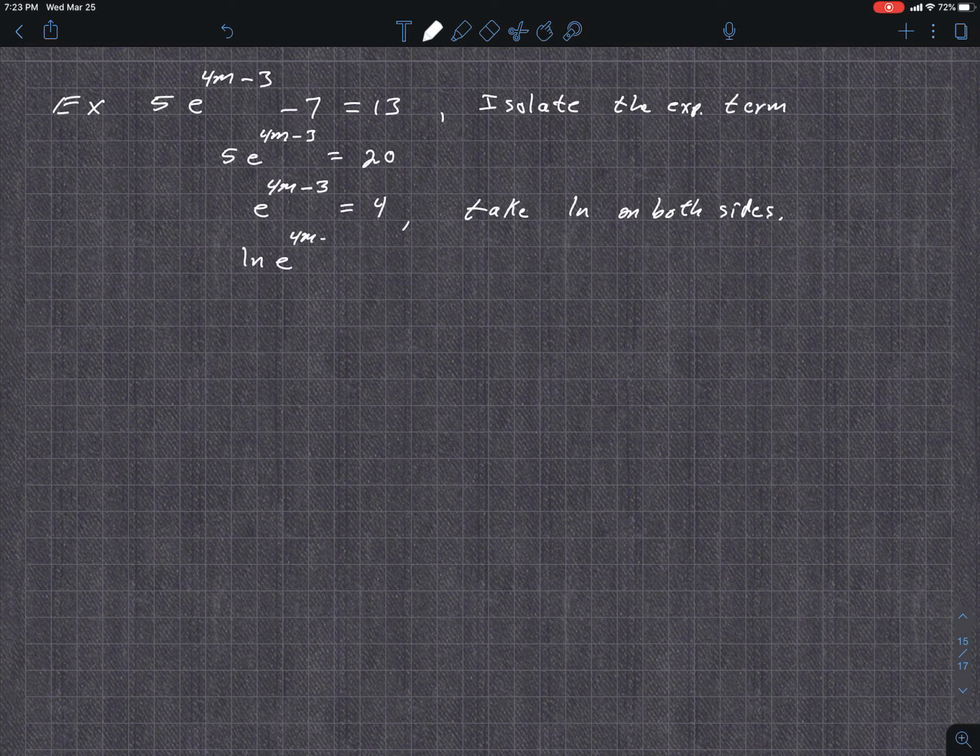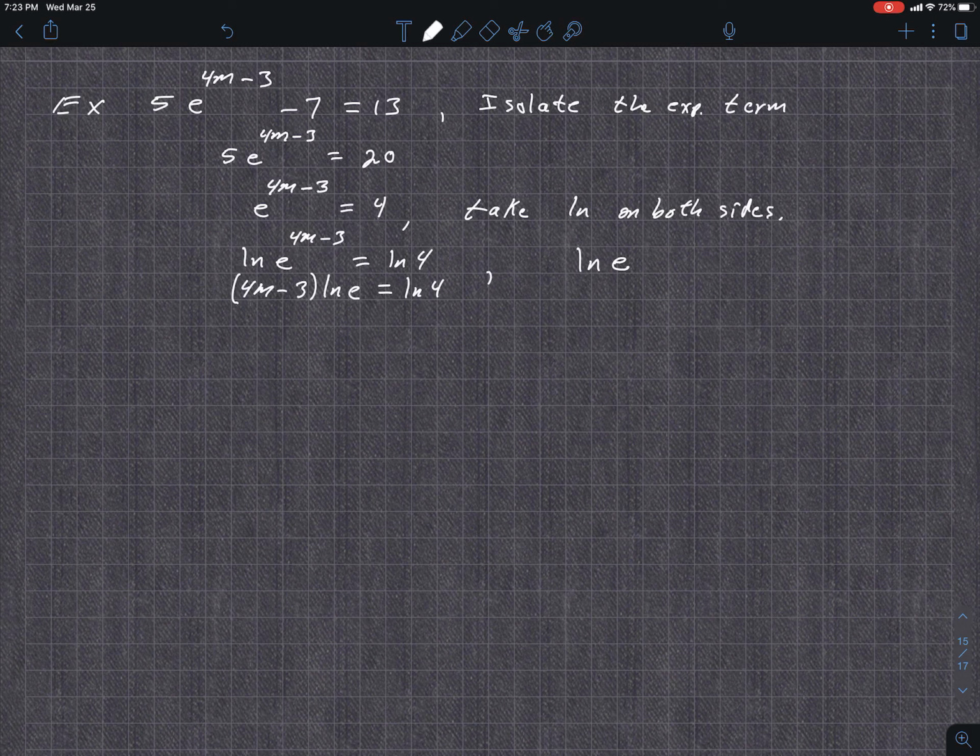So it's ln e to the 4m minus 3 equal to ln 4. So it's 4m minus 3, that's in parentheses, don't forget that, ln e equal to ln 4.